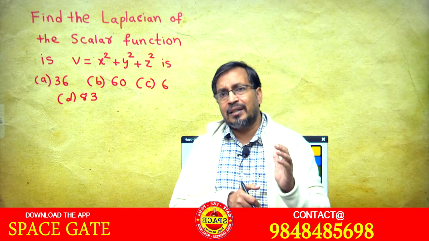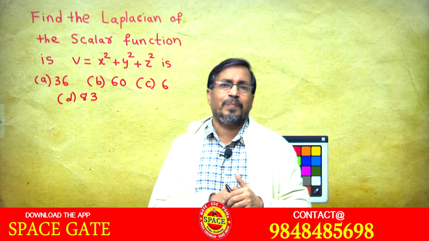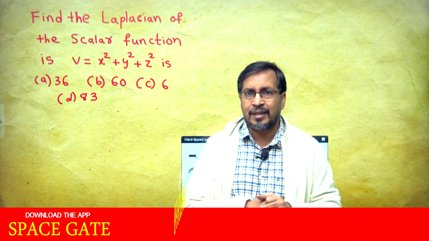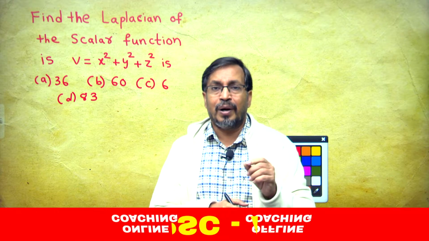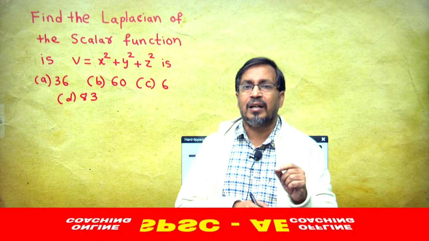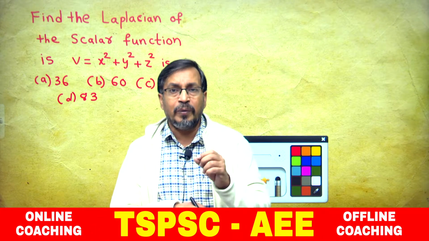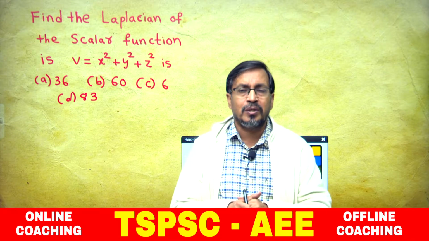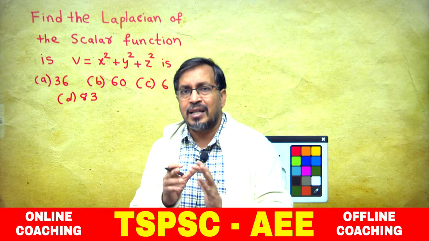And what about the resultant? Already we discussed that in divergence the resultant is a scalar, and in curl the resultant is a vector, but in Laplacian, if the input is a scalar, the output is also a scalar, and if the input is a vector, the output is also a vector. First we will discuss when the input is a scalar.